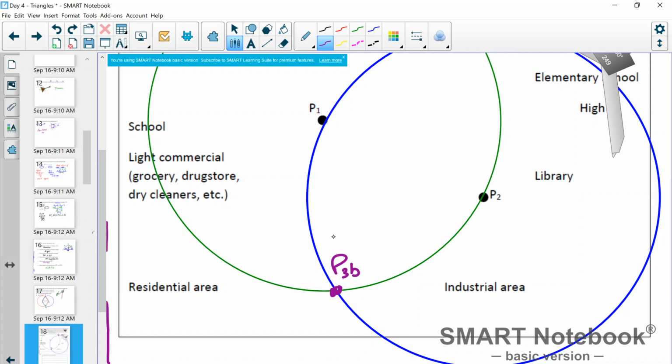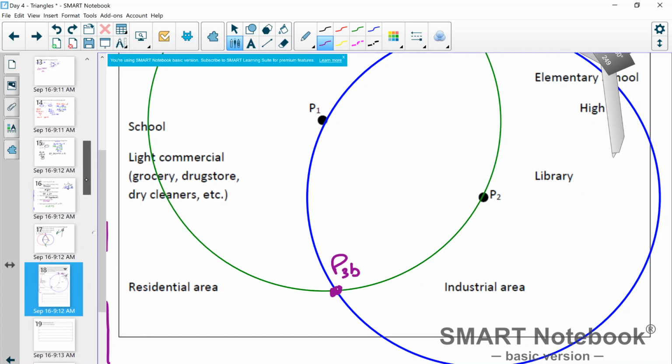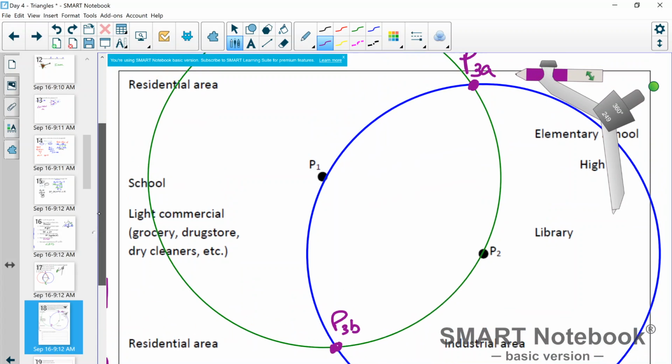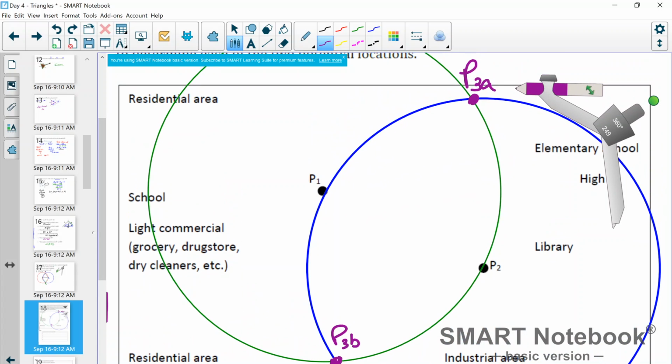So this means Park 3 would be the same distance from point 1 as it is from point 2, and as point 1 is from point 2. And that is constructing equidistant points, constructing an equilateral triangle, and all the properties regarding triangles based on their sides and their angles.